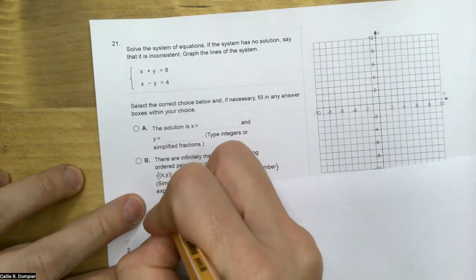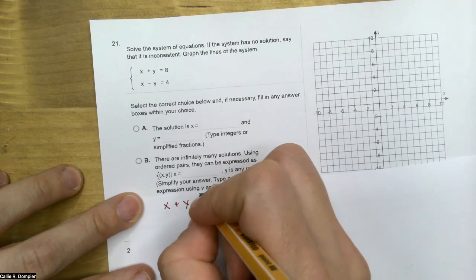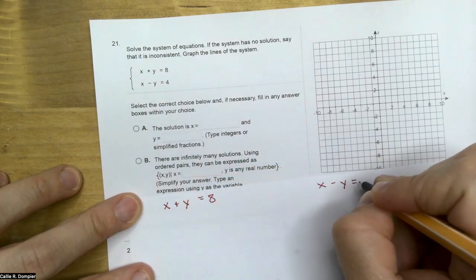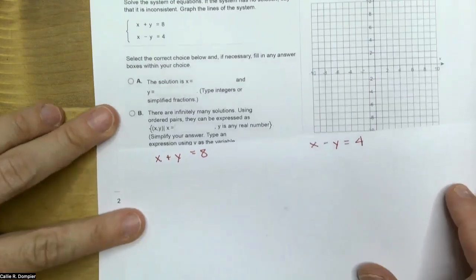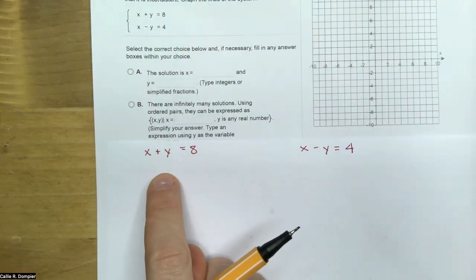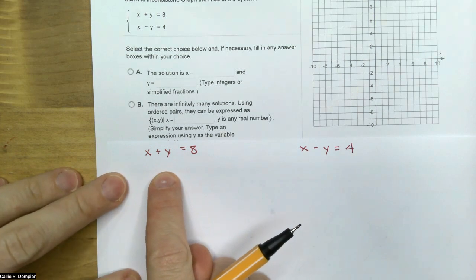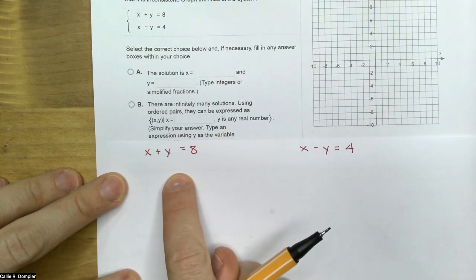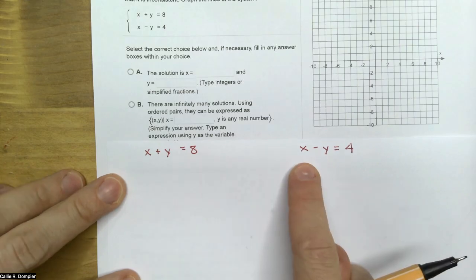So we have x plus y equals 8, and we have x minus y equals 4, right? What you want to do is solve one of these for one of the variables, isolate one of those two variables, either x or y, in either one of the equations, okay?